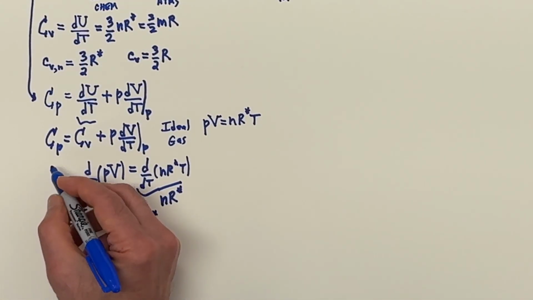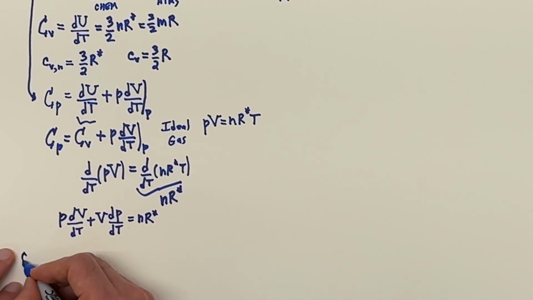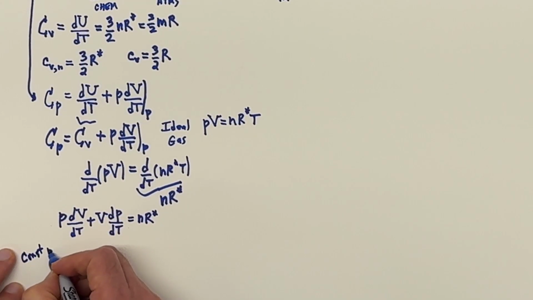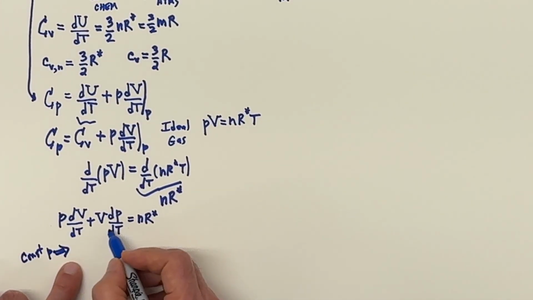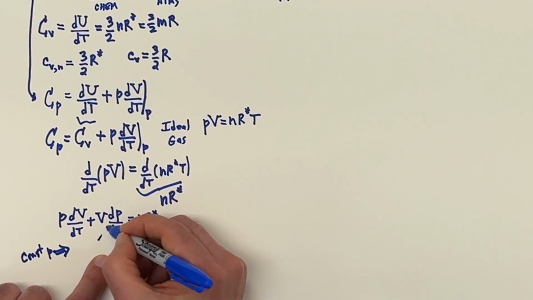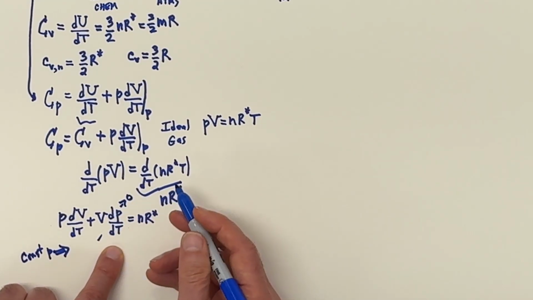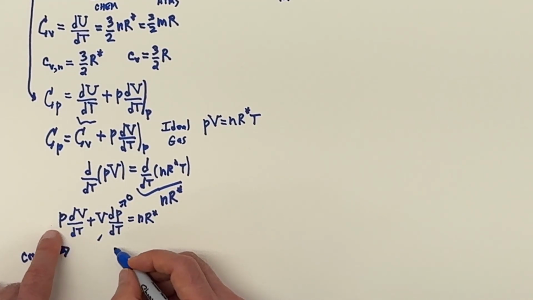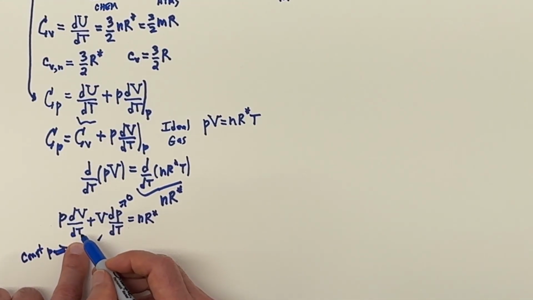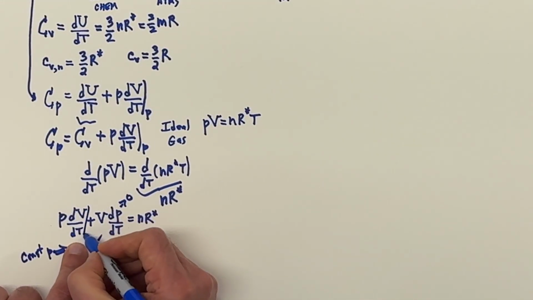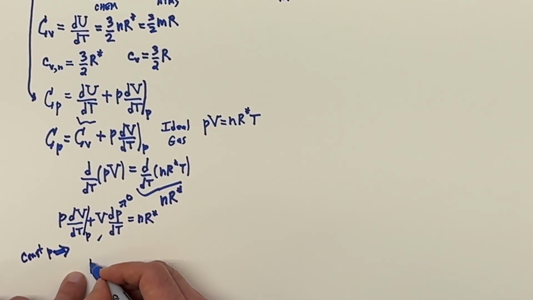Now we're interested in a constant P. So if you want constant pressure, the constant P is going to imply that this one here is 0. Or that one's gone. So we then have P dV dt. And if we want to emphasize that, we can put down constant pressure like that. There's nothing wrong with doing that.